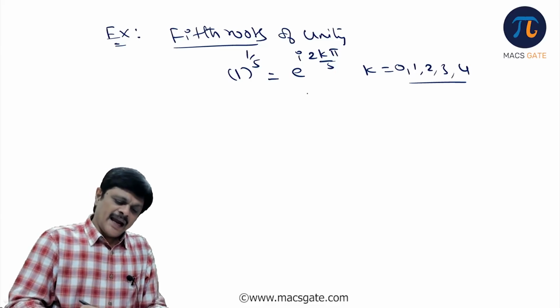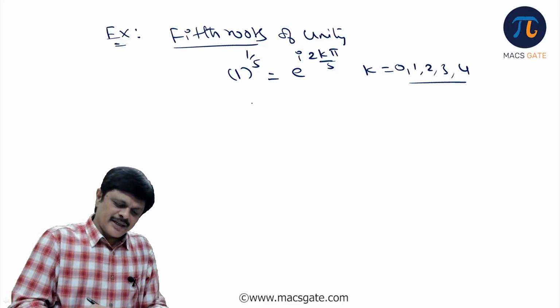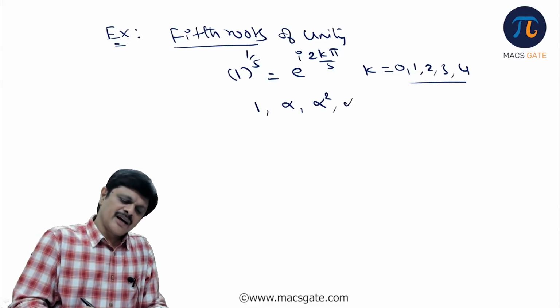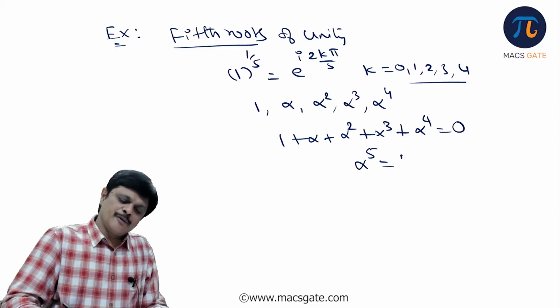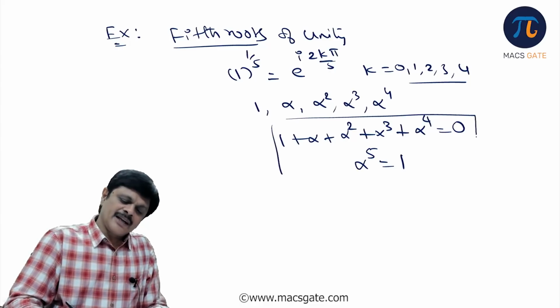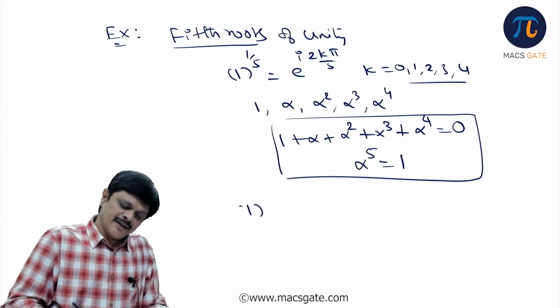Am I clear? And if you call these five roots 1, alpha, alpha square, alpha cube, alpha power 4, the sum of the roots would be 0, and alpha power 5 would be 1.